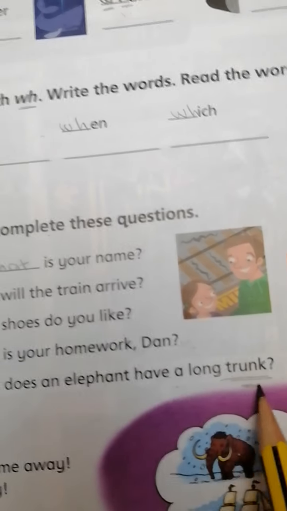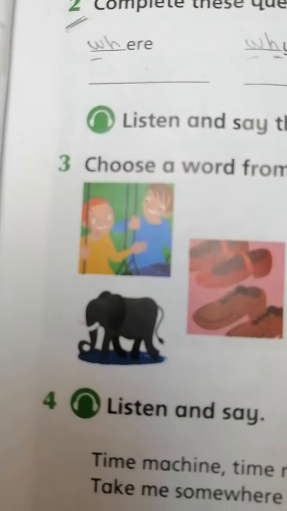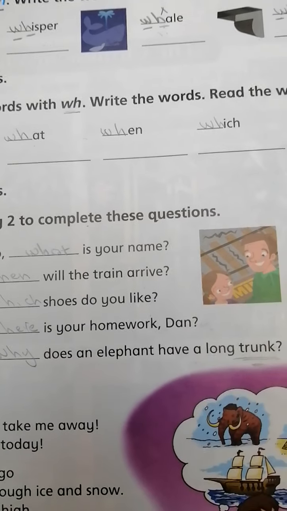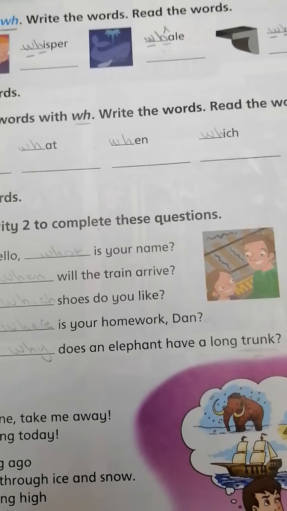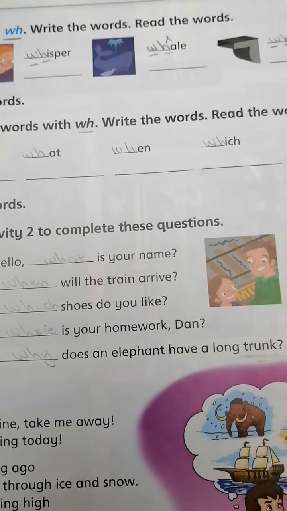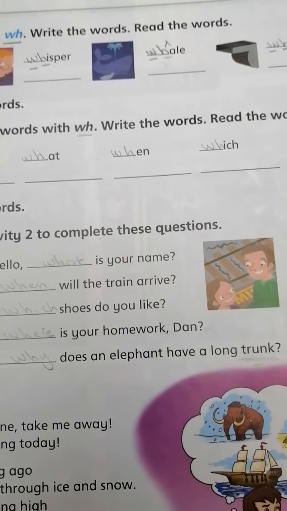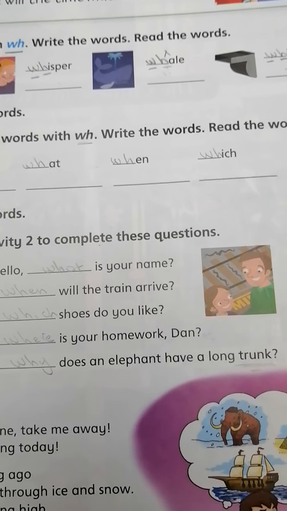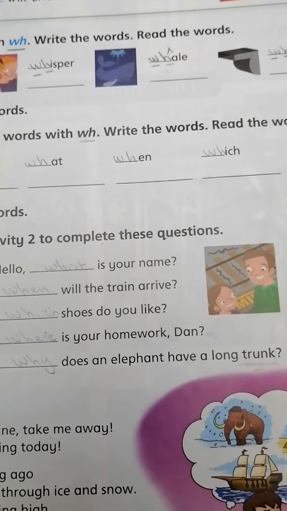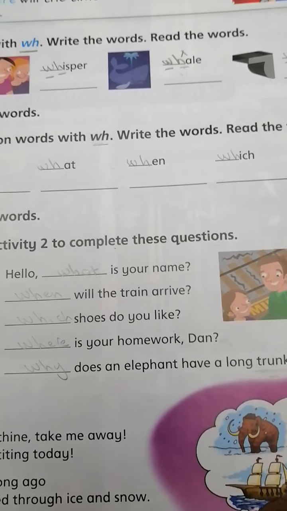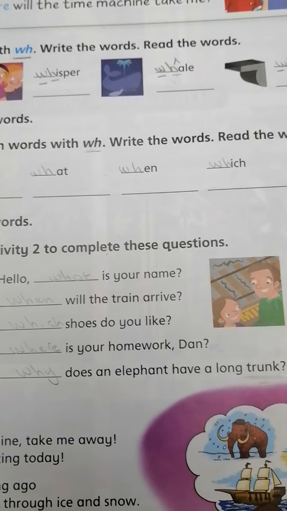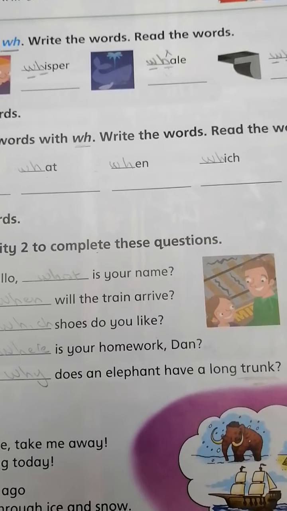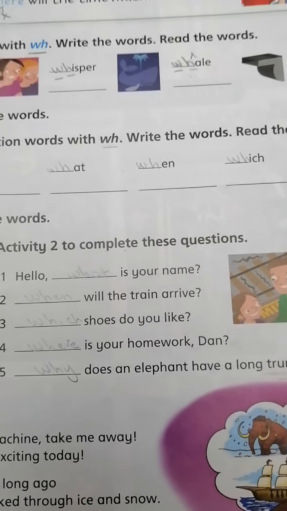A trunk means خرطوم. Who can answer me? Because an elephant uses its long trunk to eat, to drink, and to breathe.